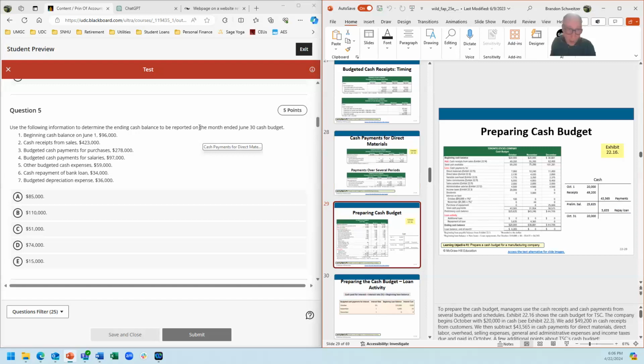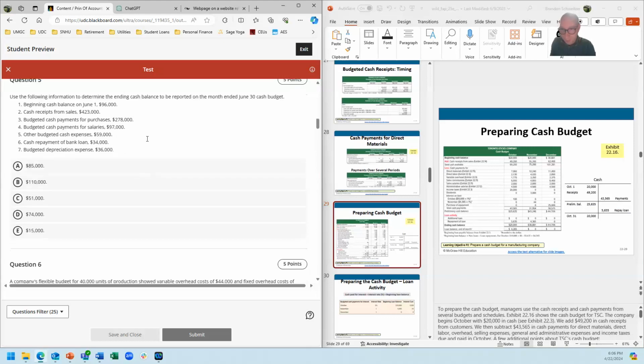Now remember, some of these are not cash, right? Well, one of these is not a cash item. Don't pay depreciation expense. Keep that in mind.